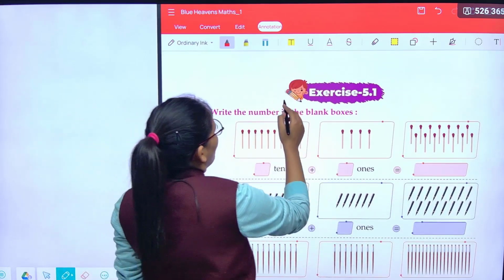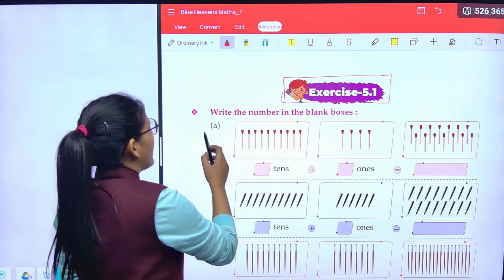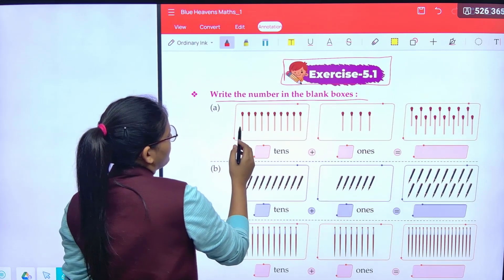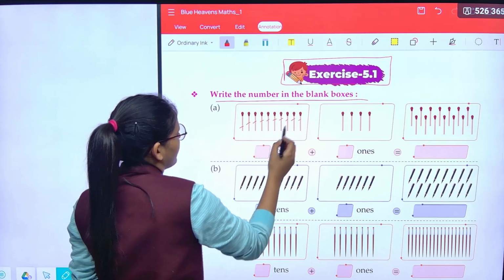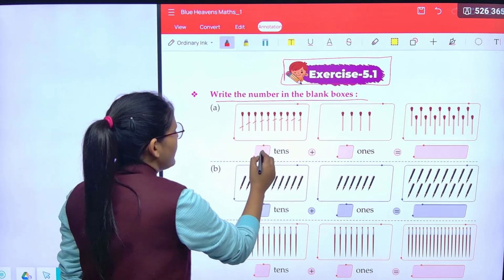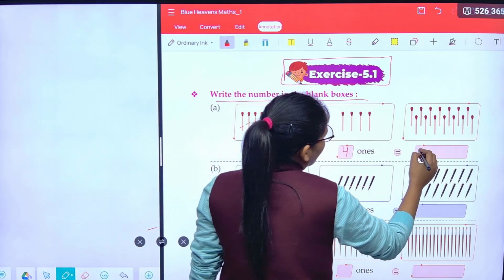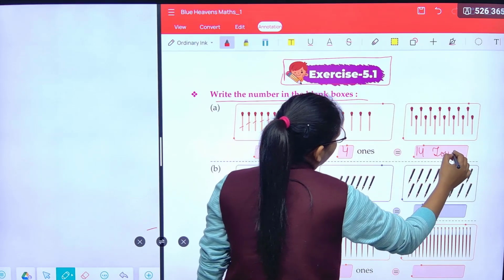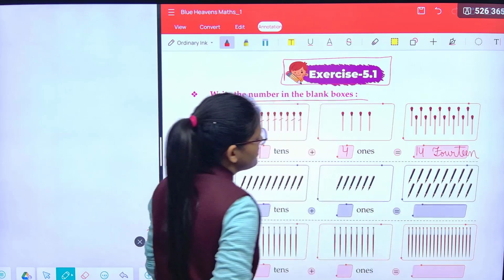Yes class, come to exercise 5.1. Now write the number in the blank boxes. Count them, class. 1, 2, 3, 4, 5, 6, 7, 8, 9, 10. So class, 1 tens, 4 ones will become 14. F-O-U-R-T-E-E-N, 14. Understand class?